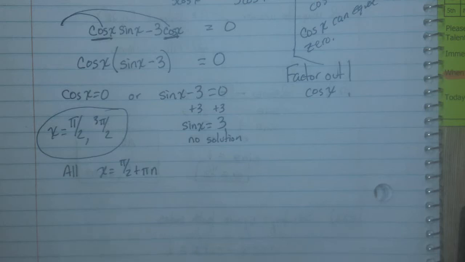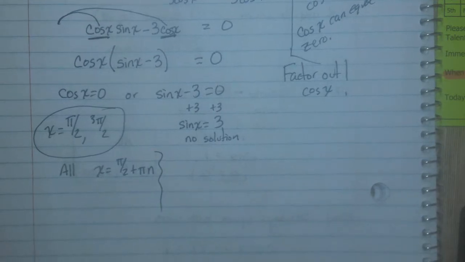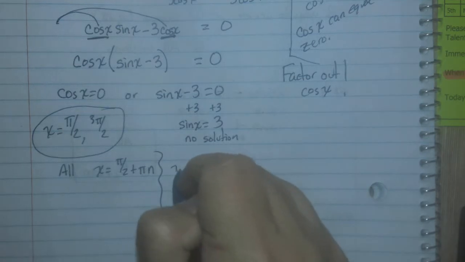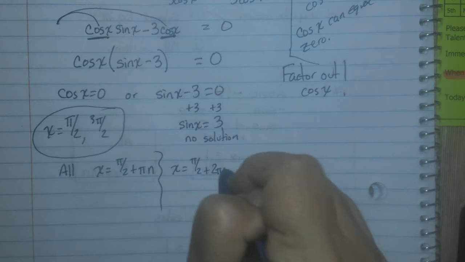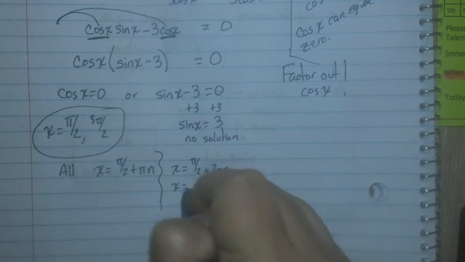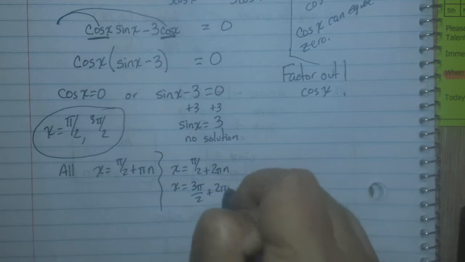So if you were taking a multiple choice test, I would expect this to be your answer. I just want to say that another way that would be correct, if you said x equals pi over 2 plus 2 pi n, and x equals 3 pi over 2 plus 2 pi n.